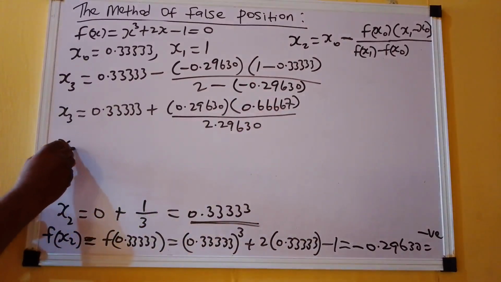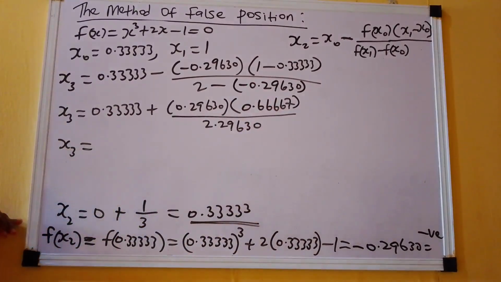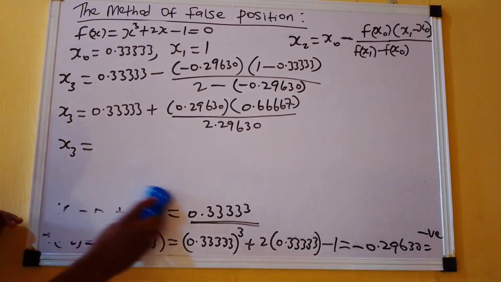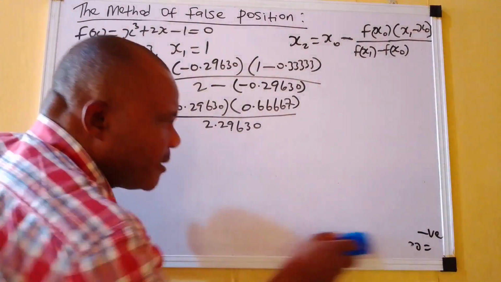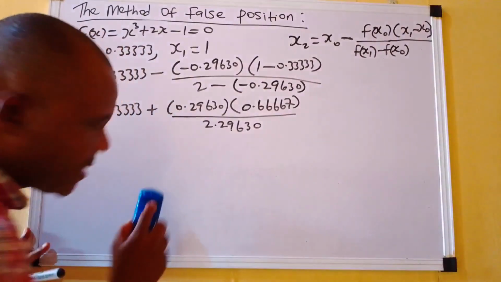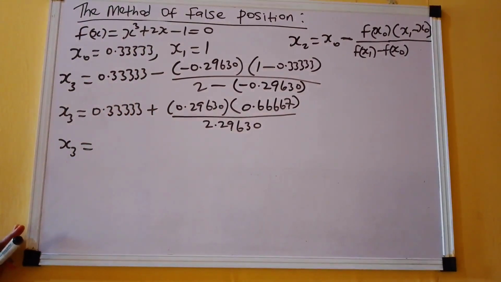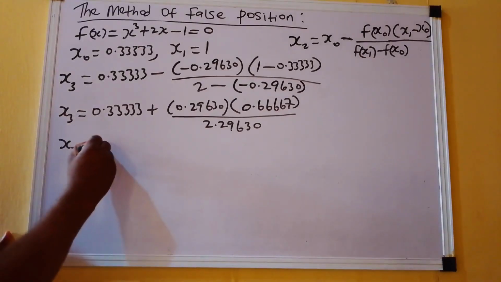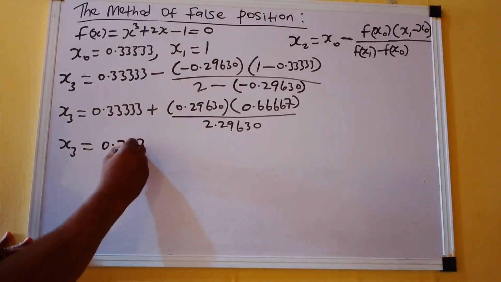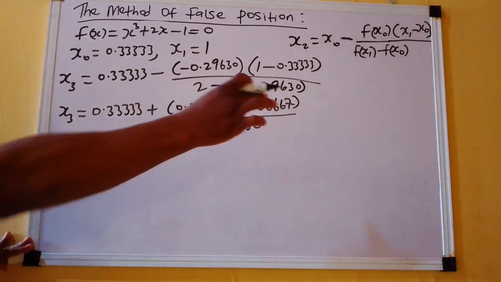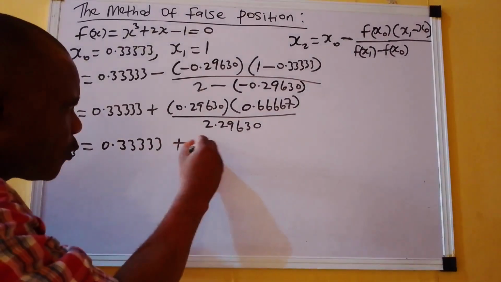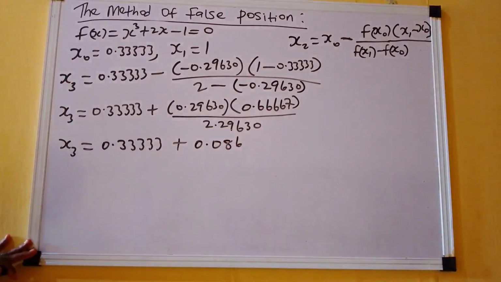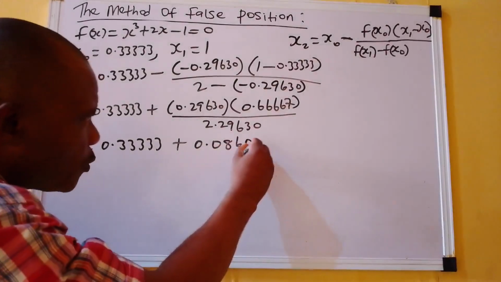Then you now have your x3 will now be equal to, permit me to clean this side. You now have your x3. Your x3 will now be equal to 0.33333 plus, you multiply that and divide by that, you are going plus 0.08602.